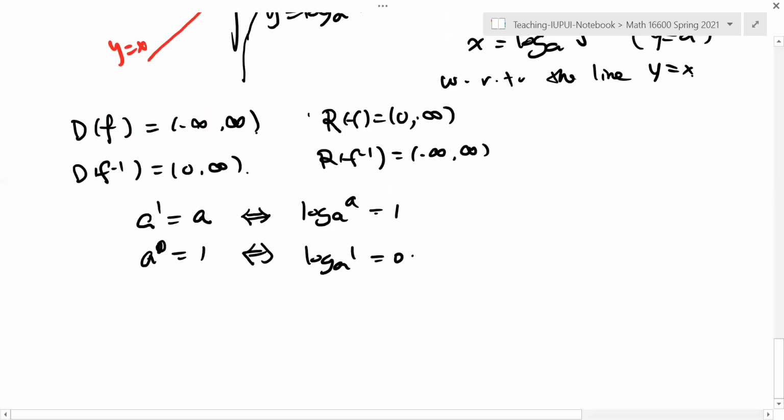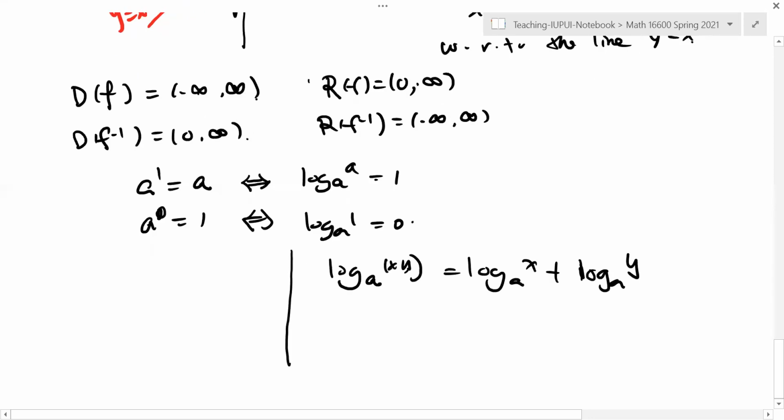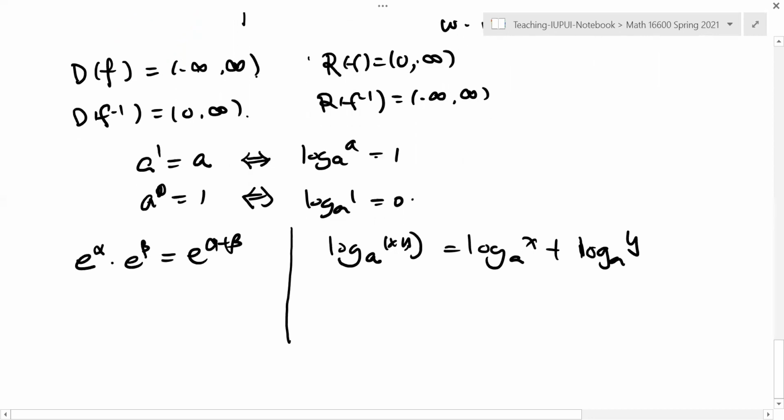Now, we also have to look at some formulas. I'm trying to list the formulas for the log. So log base a of x times y is going to be a separate sum. And there's a corresponding formula here: e to the alpha times e to the beta is going to be e to the alpha plus beta.